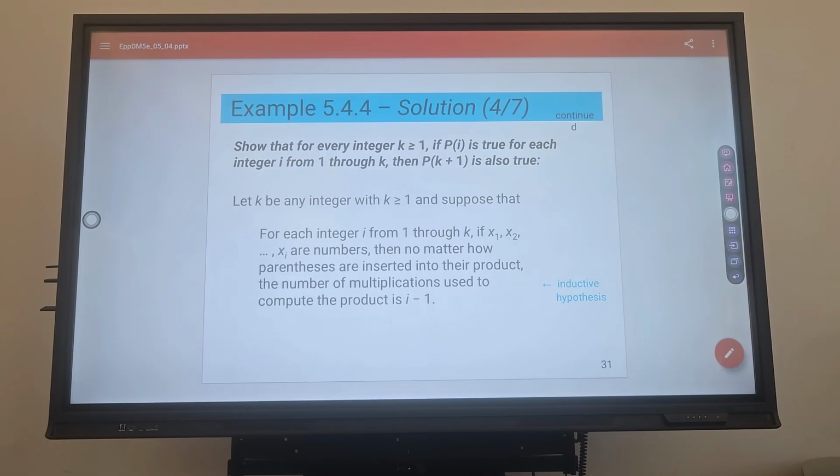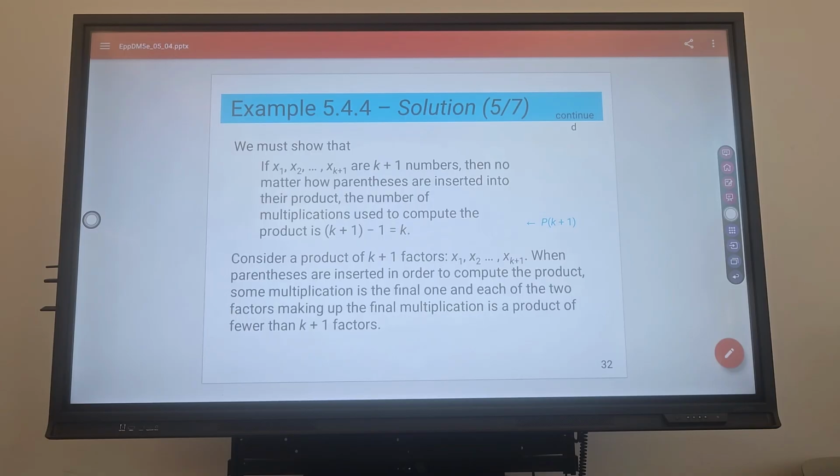So, let k be any integer greater than or equal to 1, and suppose that for each integer i from 1 through k, if x sub 1, x sub 2, etc. to x sub i are numbers, then no matter how parentheses are inserted into their product, the number of multiplications used to compute the product is i minus 1. That is our inductive hypothesis.